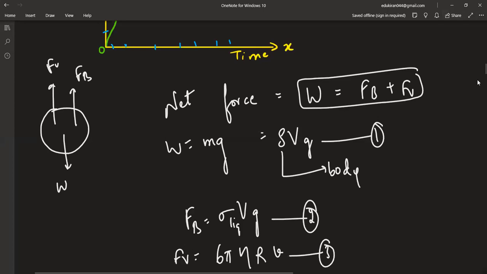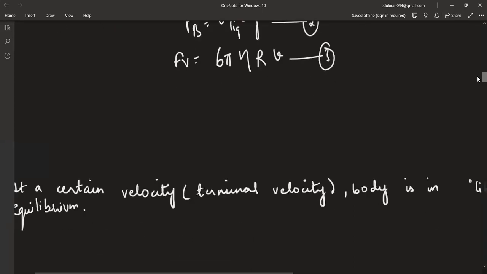Now at equilibrium, all will be balancing each other. So basically, when we substitute, all three we have achieved. W is balanced by FB plus FV.